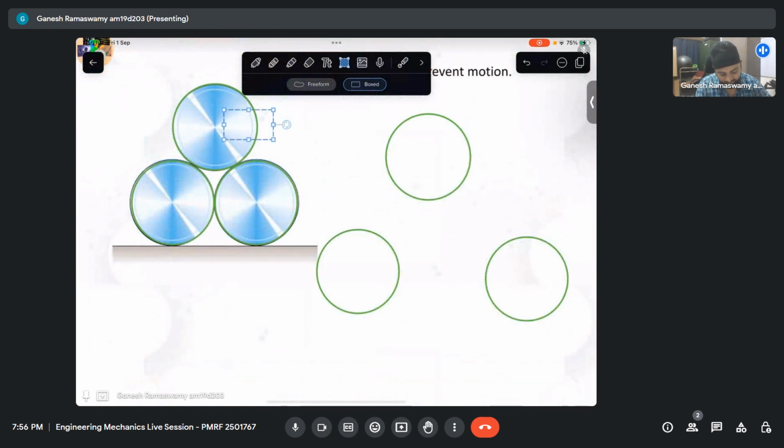So the tendency of motion here, since this moves down, the friction would try to stop it like that. I have a normal force which is radially acting. Here again I have to reverse this. So this is F, which is mu s N, and then this is the normal force.